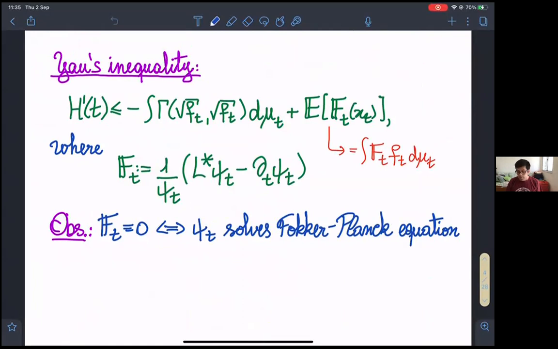So in this integral here, it appears ft. It does not appear ft log ft. So we want a little log n of room to play around.